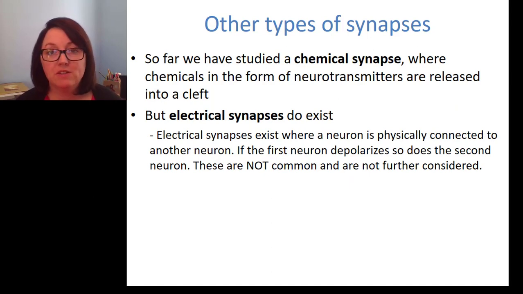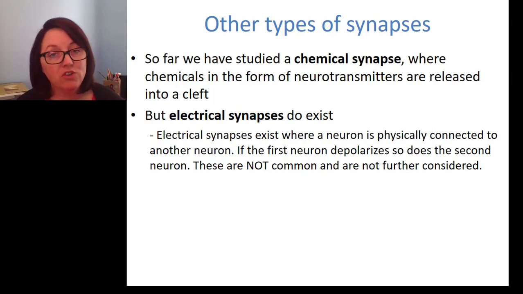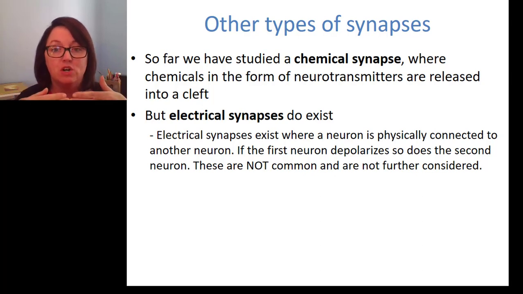Now, before we leave the idea of synaptic activity entirely, I want to mention that so far we've been studying a type of synapse called a chemical synapse. And it's called a chemical synapse because we release a chemical in the form of a neurotransmitter into the synaptic cleft. But electrical synapses do exist, and an electrical synapse is found where the axon terminal of one neuron actually touches the dendrites of the postsynaptic neuron.